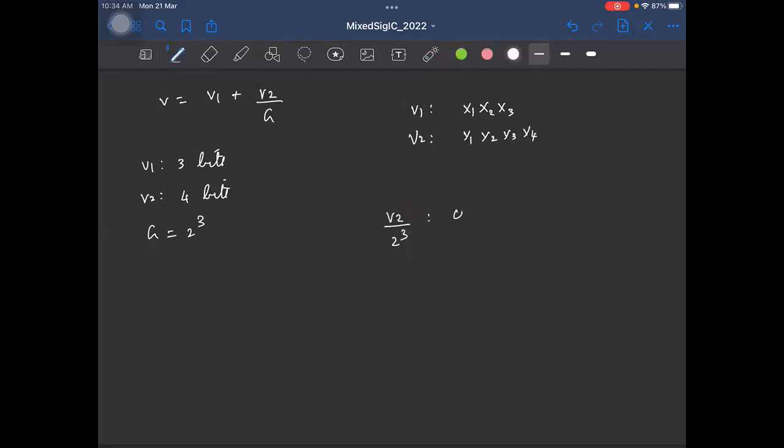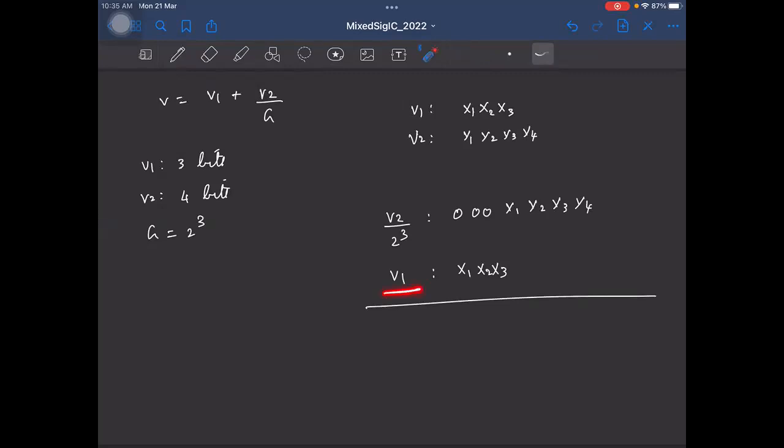So V2 by 2 cube will be 0, 0, 0, Y1, Y2, right? And V1 was X1, X2, X3, right? So now if you add it, what happens? I mean, this is V1, X1, X2, X3, some 3 bits, right? This is V2 by 2 cube, where I have 3 zeros because of the right shifting operation. I'm going to add these two like this. What happens now at the output? No, why X3 plus X2?